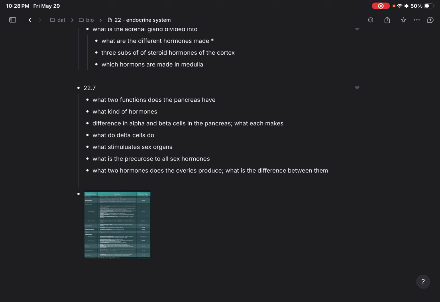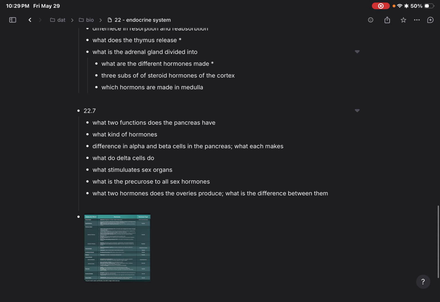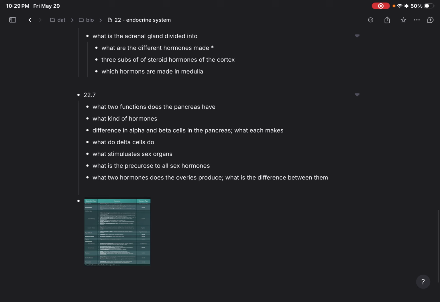Okay, anyways. So this will release peptide hormones. Okay, so now there's alpha and beta. Alpha cells in the pancreas will make glucagon. Insulin is made by the beta cells.